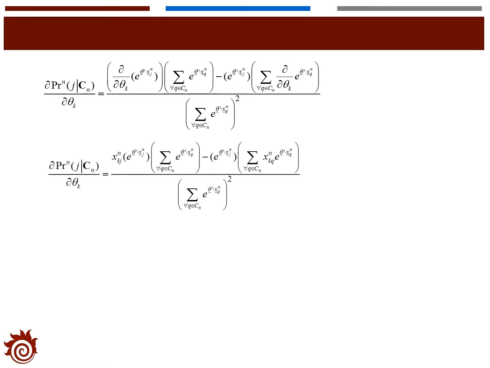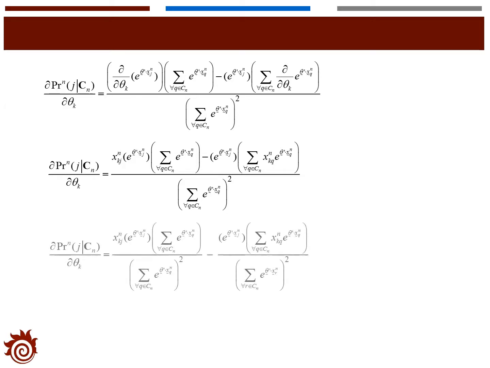We can see that on the top, for this term, it will become xkj times exponential of theta xkj, and for the second term, it will become xkq times exponential of theta times xq. And now we can do a slight modification about the index at the bottom and reformat the whole expression.